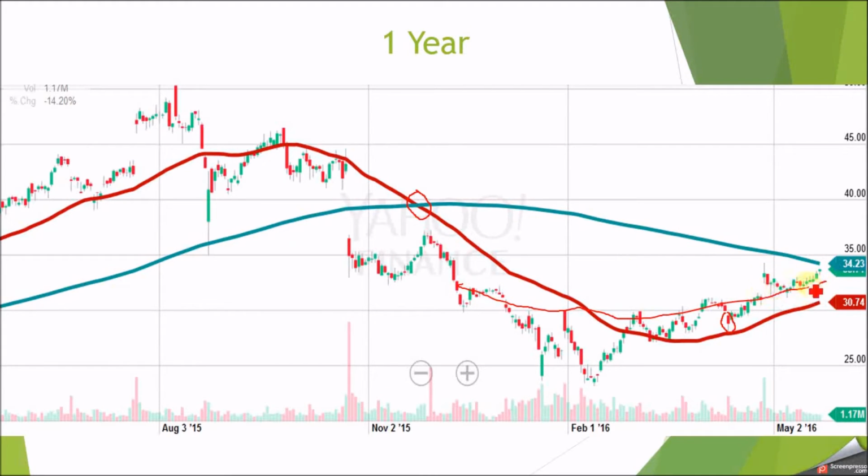A new floor, as you can see, and then we'll see what happens after that.